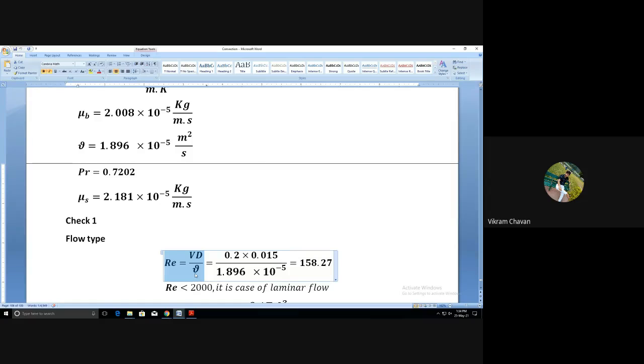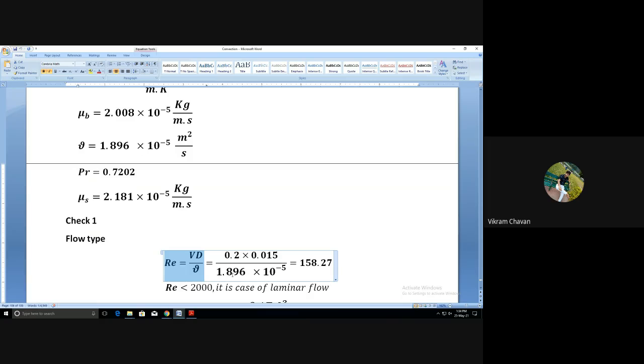Now for flow through a circular pipe, the characteristic length of that pipe is nothing but its inside diameter.